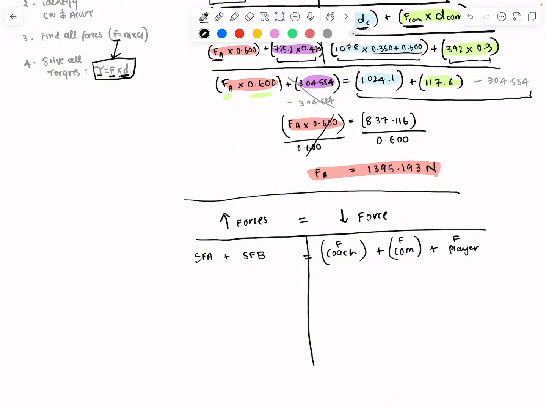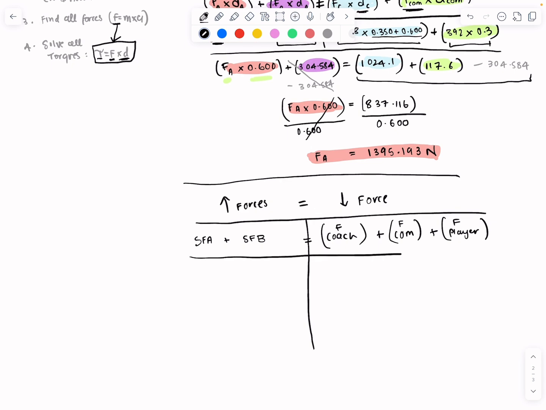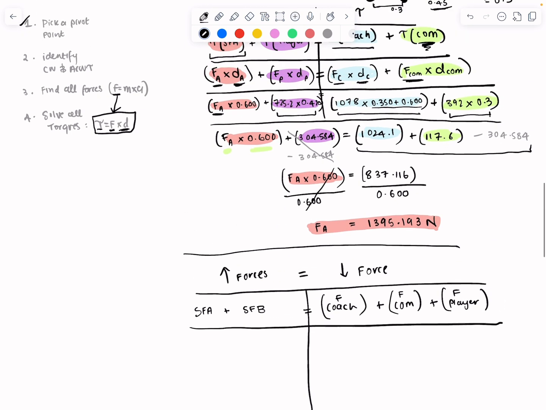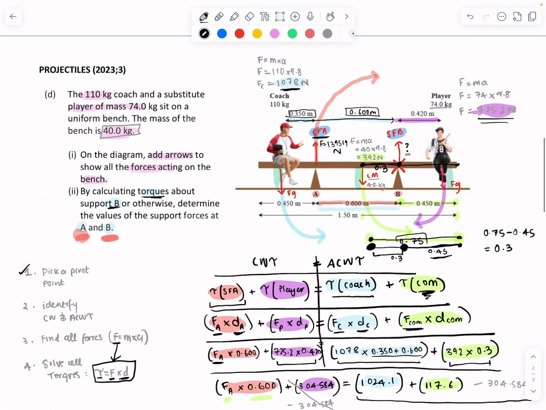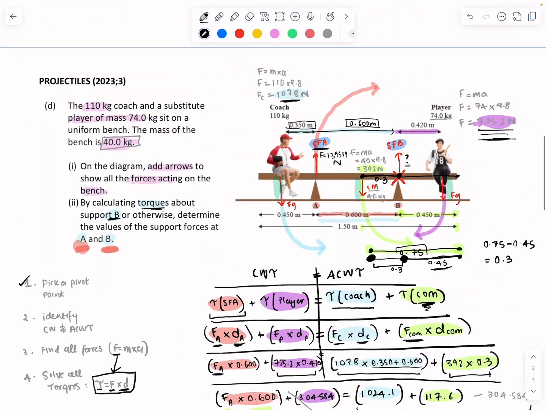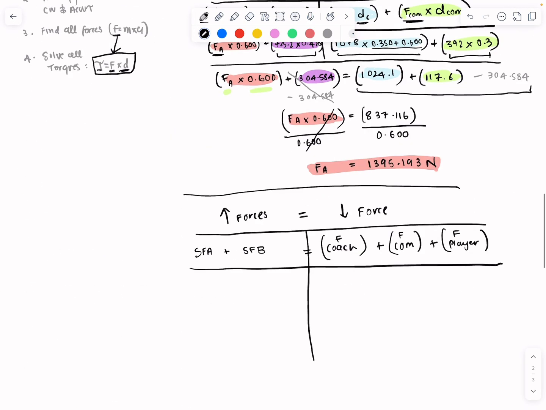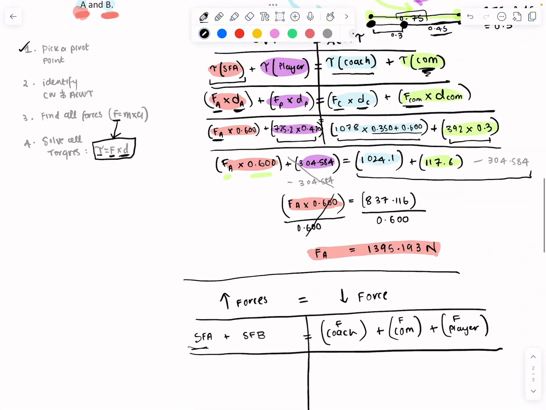Cool. Where is this going? We need some numbers. To work out force, this is something we've already done previously. We don't have to go through the effort of working force out again. Let's look at what we've got. So the force of the coach, let's start off with support force A, shall we?